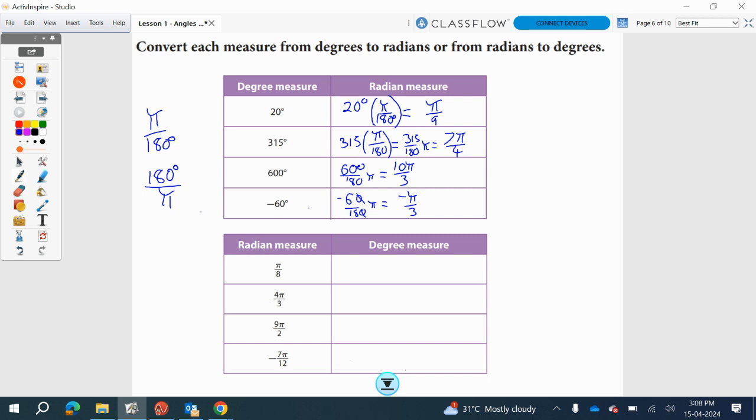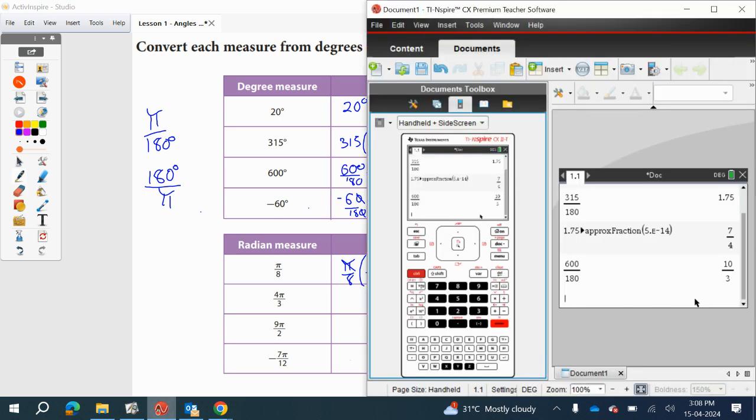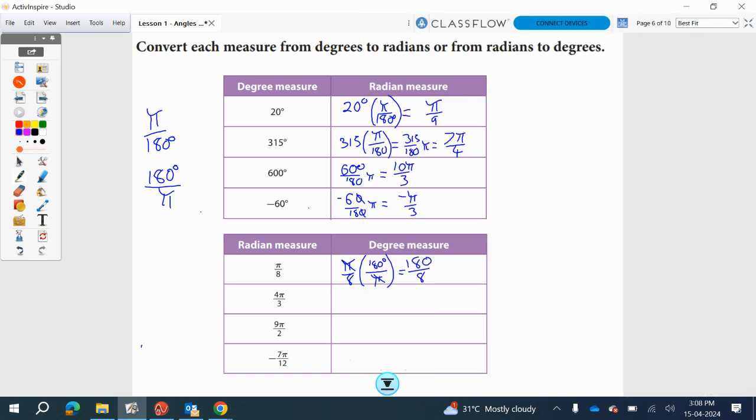Convert to degrees. I've got pi over 8. The pi has to get cancelled by something, and I have to add a degree symbol to the whole process, so it goes the other way up. These two cancel like this one, and this is equal to 180 over 8. 180 divided by 8 is 45 over 2, so 22.5. I don't want exact now.